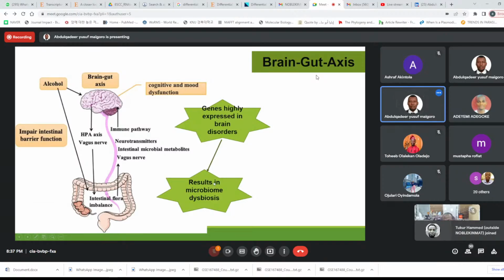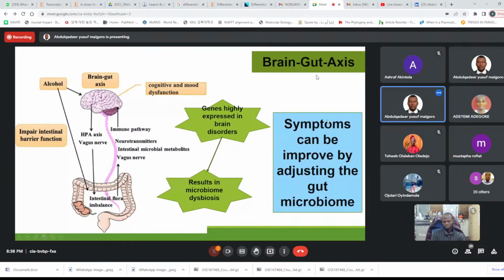How? I already explained. The mood, the anxiety, the depression, they completely change your gut composition. So what are those elements behind the mood, the anxiety, and the depression? Those are the genes. So this concept by which the brain could cause dysbiosis in the gut, we call it brain gut axis.